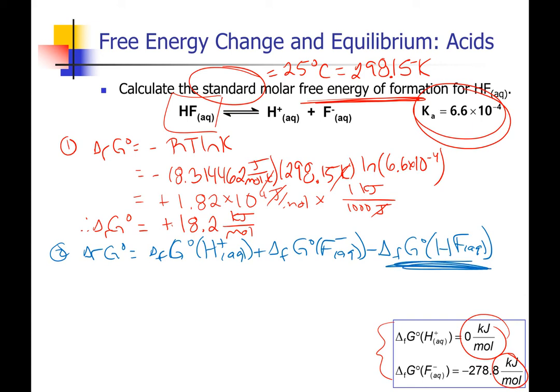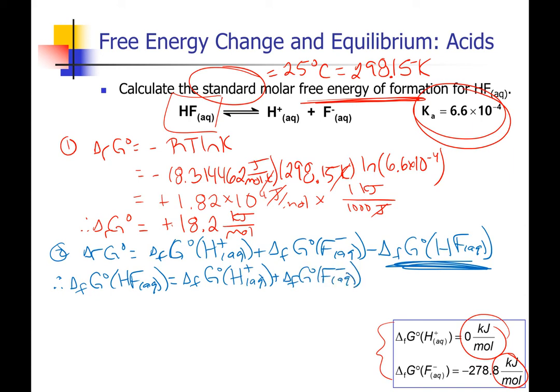So if I rearrange my equation, I get standard free energy of formation of HF equal to standard free energy of formation of the proton plus standard free energy of formation of the fluoride minus standard free energy change for the reaction.